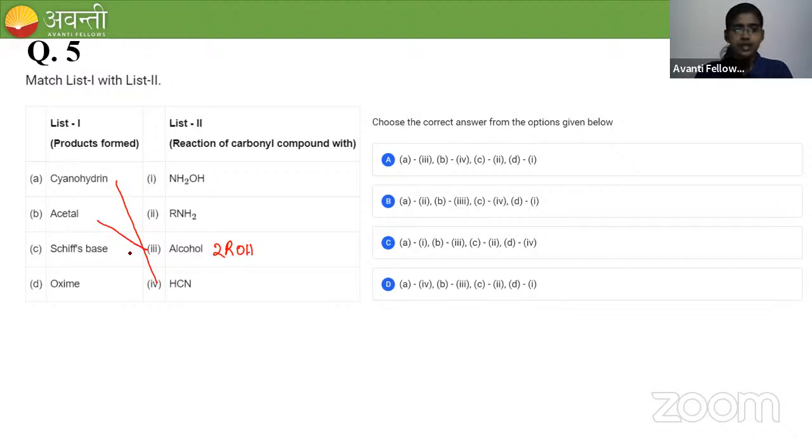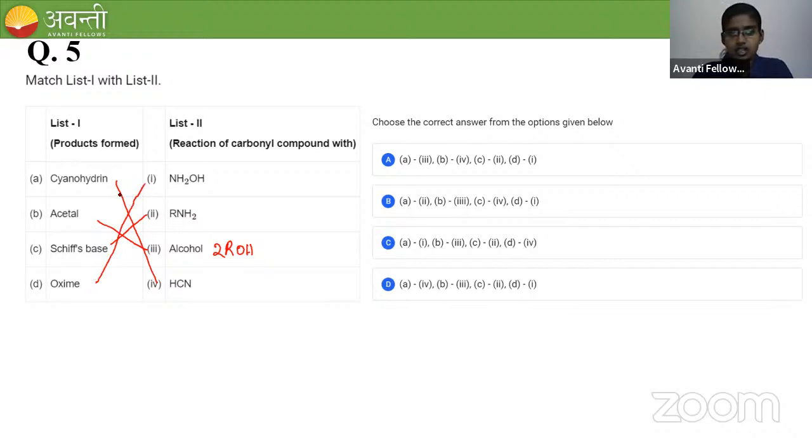And the Schiff's base was prepared from amine, the substituted amine, no? From the ammonia and its derivatives part, we have studied this. So we get the Schiff's base from the amine, and we get the oxime from NH2OH.